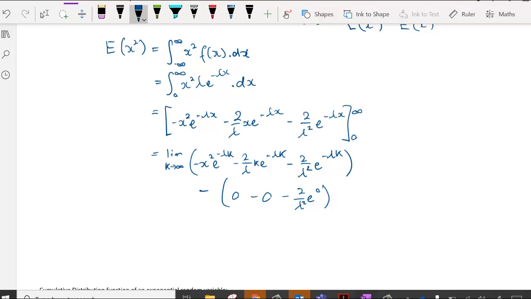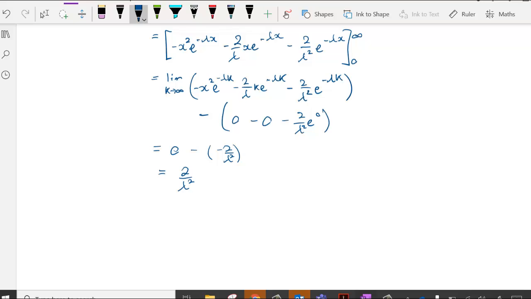Now for each of these again, as k approaches infinity, e to the negative lambda k approaches 0. So we end up with 0 subtract negative 2 on lambda squared, which leaves us with 2 on lambda squared, which allows us to calculate our variance now.